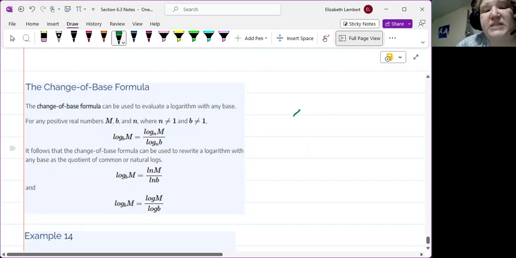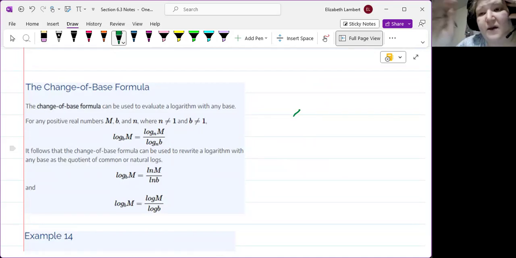So log base b of m can be broken down into log base a new number, n of m, divided by log base n of b. So in calculus, you're going to learn e to the x is fantastic and super lazy. So we're going to spend a lot of time actually using change of base to do natural log instead of log base 2 or log base 3. And the change of base formula is what allows you to do that.